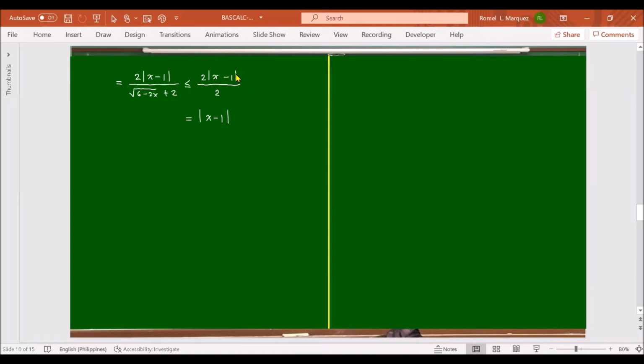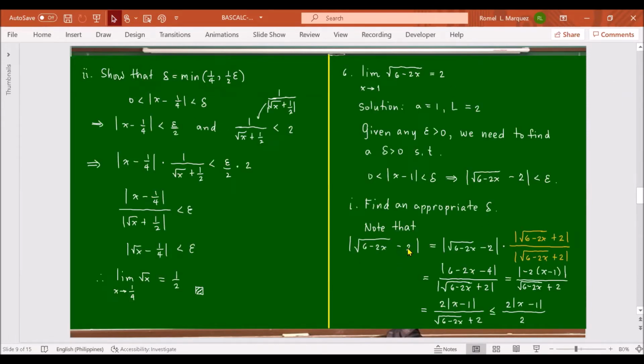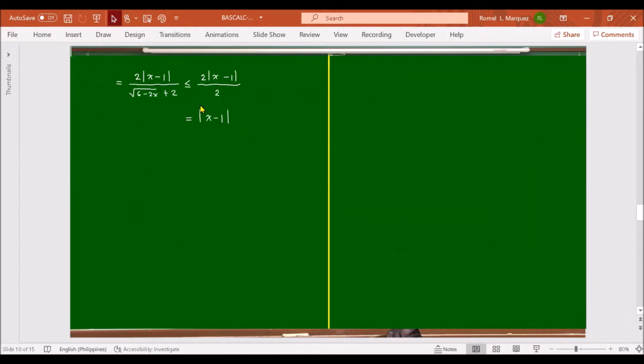But since I have this, this might be greater than this. So let's force this. Because this is greater than this. And we know that this is equal to this original left side of the conclusion. And for this to hold, for this to be less than epsilon, let's force this to be less than epsilon.